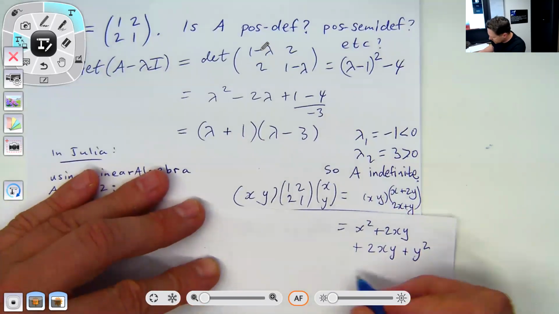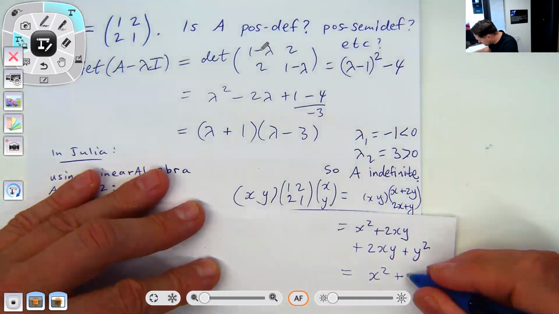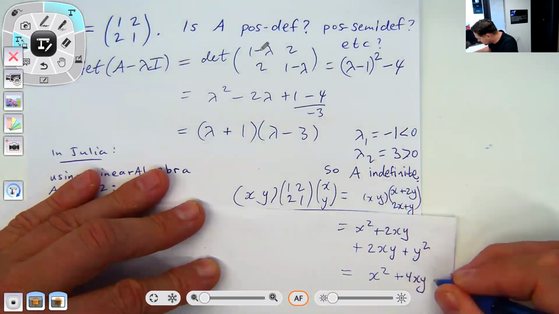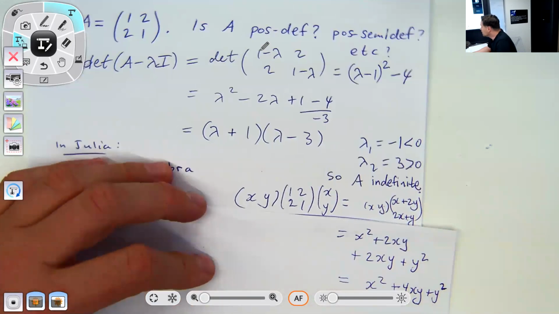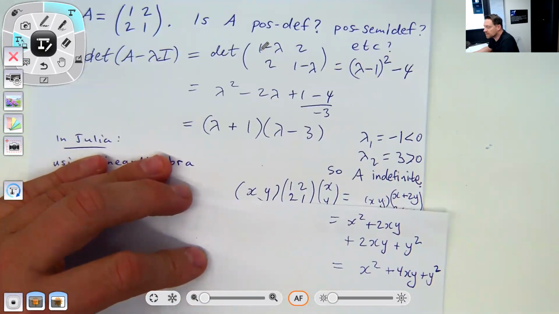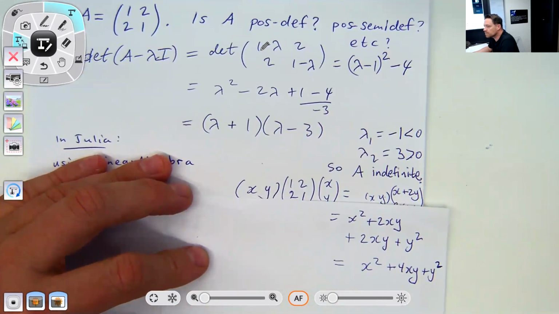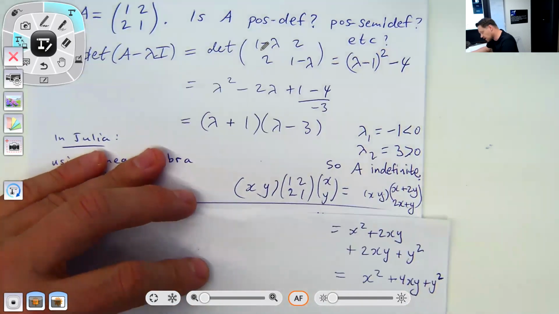Okay, and now if I simplify this, we've got x squared plus 4xy plus y squared. All right, so I believe that that should give you a saddle since this is indefinite, but you should probably go ahead and plot that. And hopefully I've calculated that correctly. I think I have.